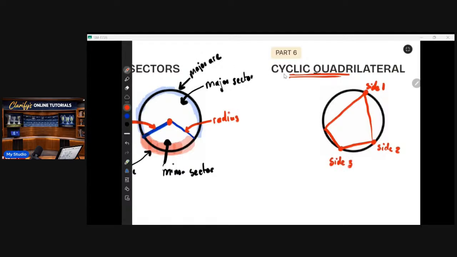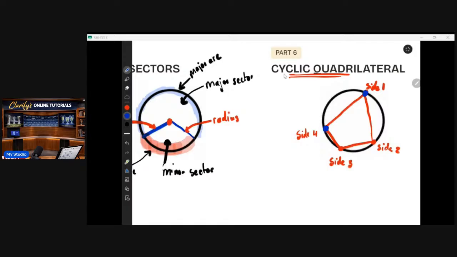Side number 3. Where is it? It's at the circumference. Side number 4. Where is it? It's at the circumference. So all 4 sides are sitting or touching the circumference. When you have a situation like this, this is what we say a cyclic quadrilateral. So when they say cyclic quadrilateral, this is what we are imagining. It doesn't have a side like this, a side which is in the air like this.